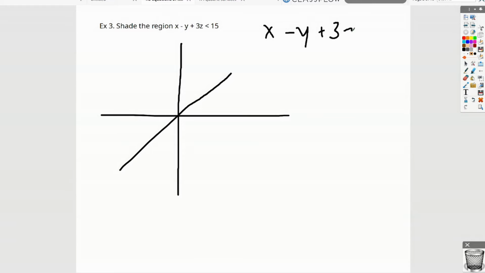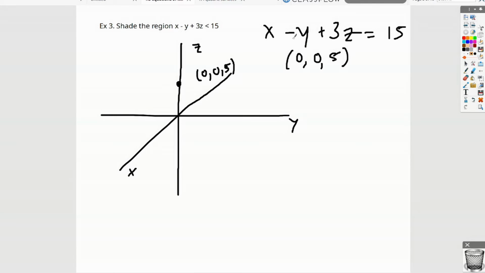If we set this equal to 15, then 0 minus 0 plus 3 times 5 is 15, so 0, 0, 5 is a point on this graph. If you did x, y, and z, that would probably be 1, 2, 3. Let's just say 0, 0, 5 is right here. Very easy point.